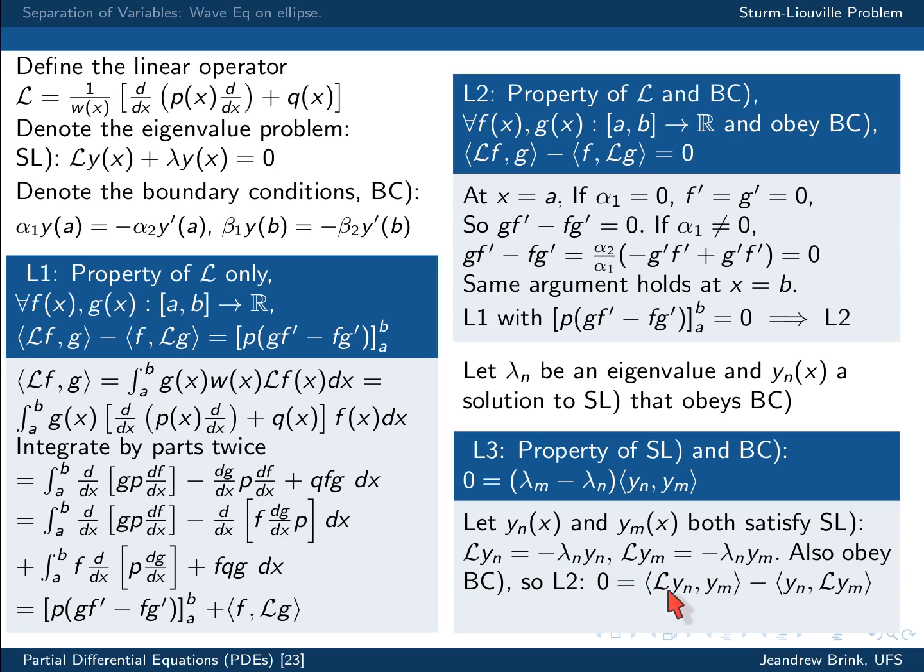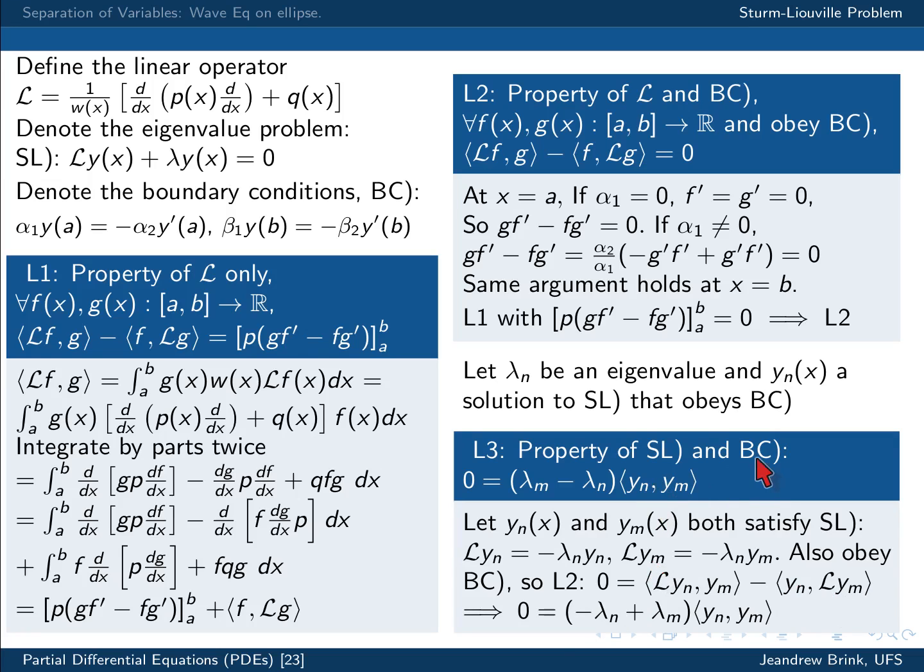So what stands here is simply minus lambda n, inner product of yn and ym. And similarly over here, this L you can simply replace with minus lambda m. Sorry, there should be an m over there. So this inner product can be minus lambda m, inner product of yn and ym. And if we do that, we simply get the expression given above here. So we've concluded the proof.